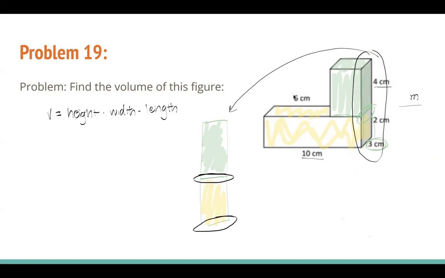We know the dimension of this bottom part is 3 centimeters, so that means this part has to be 3 centimeters. So this length is 3 centimeters. Everyone gets that? Okay. Now I think the most confusing part was looking at the top part.